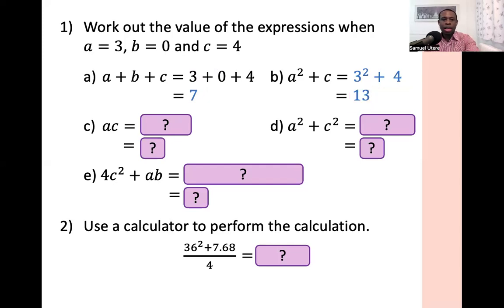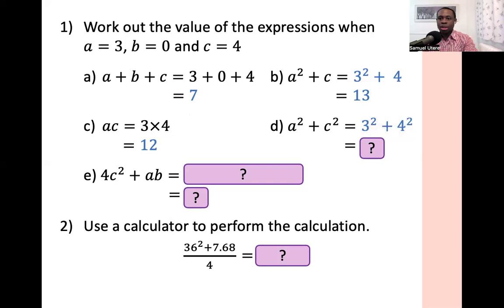The next one, AC in algebra means A times C. So whatever A is, we multiply it with C, and that gives us 12. The next one, we have A squared plus C squared. So whatever A is, we'll square it, and we add it to squaring whatever C is. That should give us 3 squared, add 4 squared, which is 25.